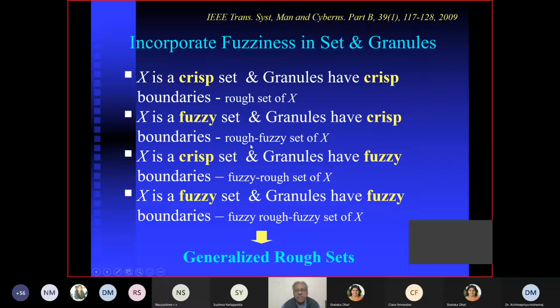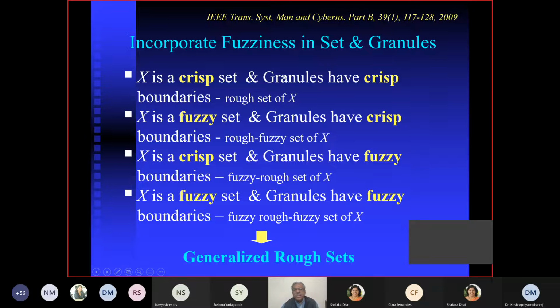Then I call it a rough fuzzy set of X. Then if the set is crisp but granules are fuzzy, I call it a fuzzy rough set of X. Now if granules are fuzzy and the set is fuzzy, that is, both are fuzzy, we call it a fuzzy rough fuzzy set of X. So these are called generalized rough sets.